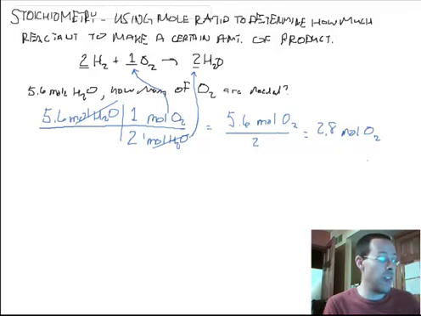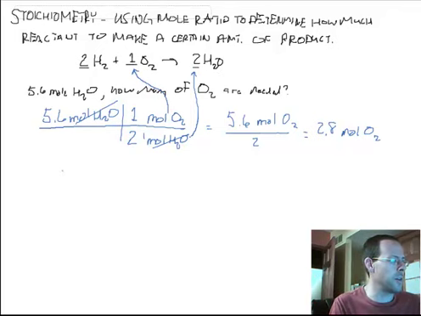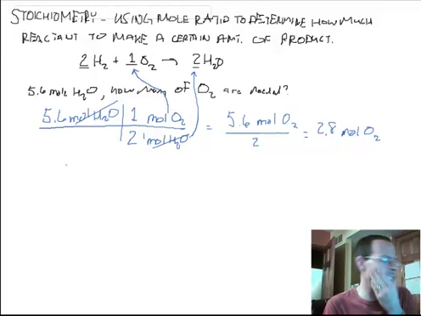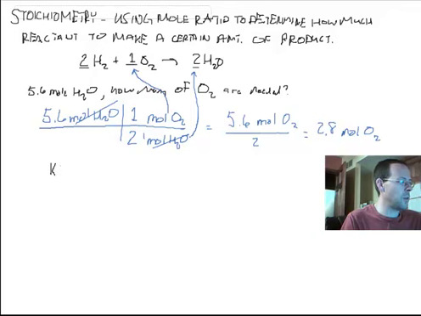Alright, so that is kind of just an introduction to stoichiometry. You always use mole ratios, and we'll do one more example and come up with another equation. Let's see, how about potassium chlorate, KClO3, yields, if we heat this, potassium chloride and oxygen.